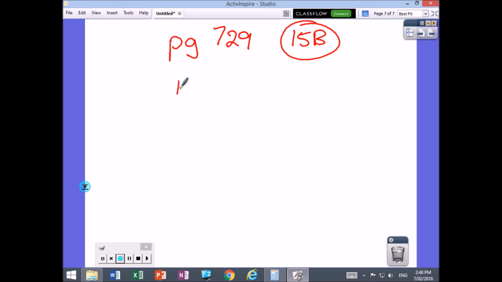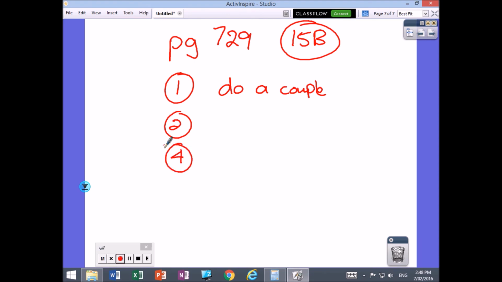Question 1, do a couple. 2, you do 4, 5 and 6. You can definitely do some of those, and 7 as well. There's a lot for you to work through there.